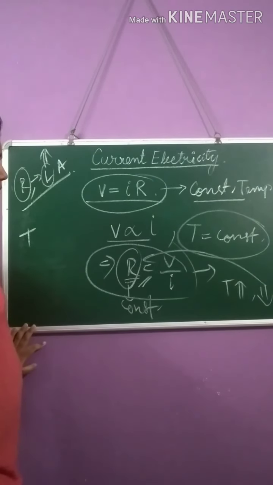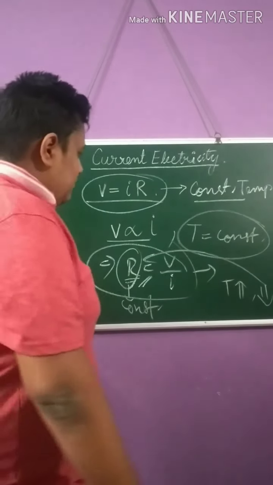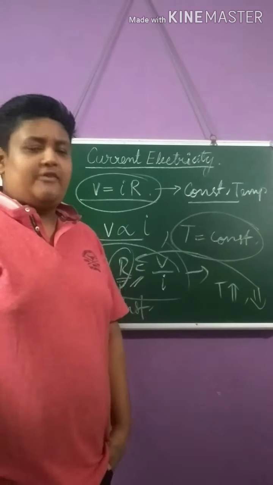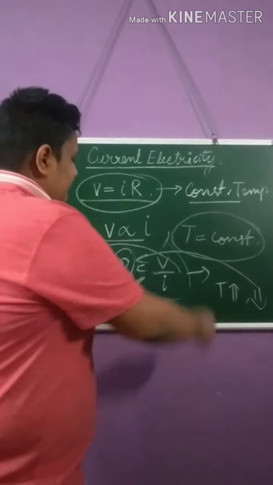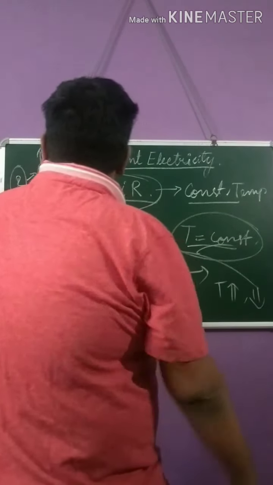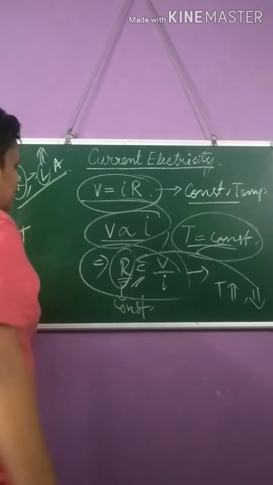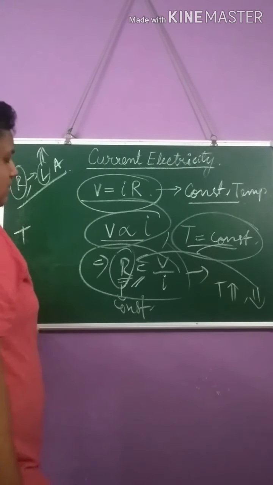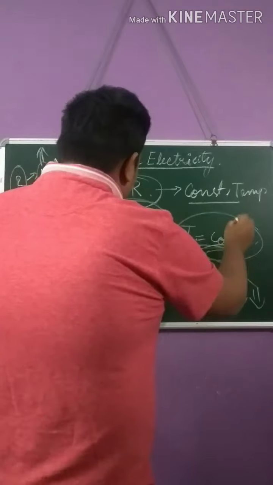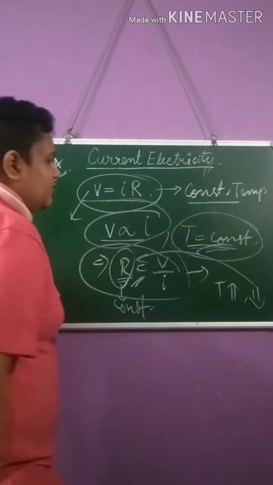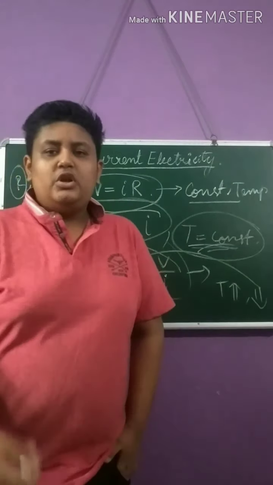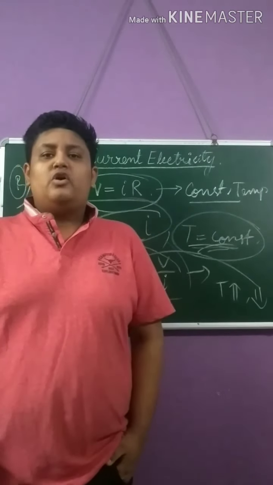It's a higher level topic, but for your knowledge I have given this because it is often asked in Olympiads how a change in temperature affects Ohm's law. So your answer should be: when temperature is not constant, Ohm's law is not followed. Or inversely, Ohm's law is only valid at constant temperature.